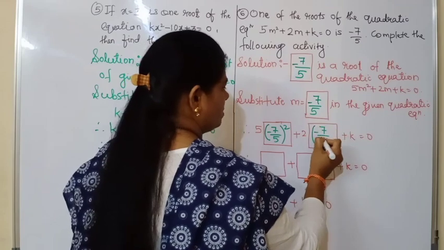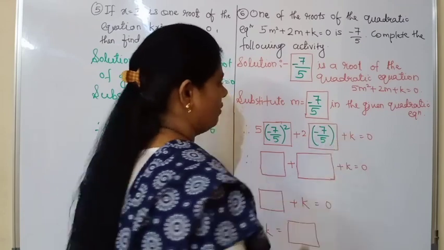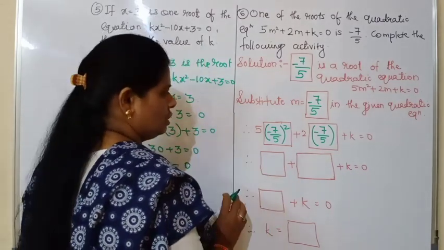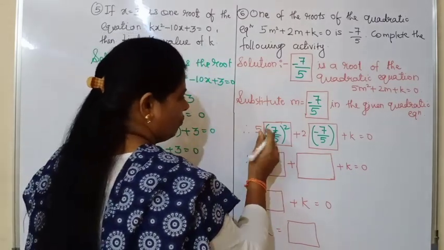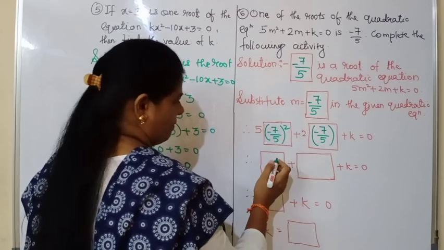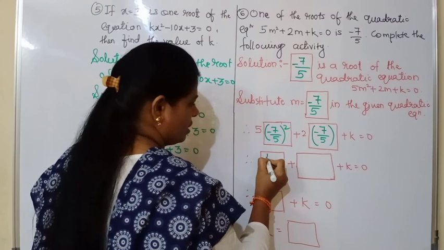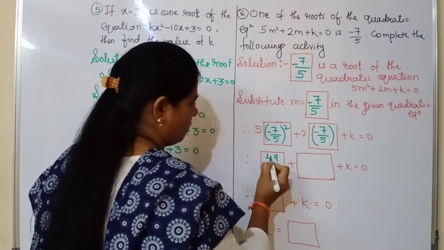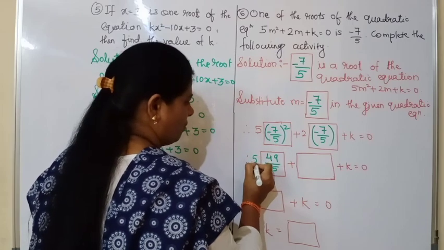Value of m is minus 7 upon 5, plus k equal to 0. Okay. Now here in this what we have to do? That is 5. Okay. Square of 7 is 49. Square of 5 is 25. And here we have one 5.